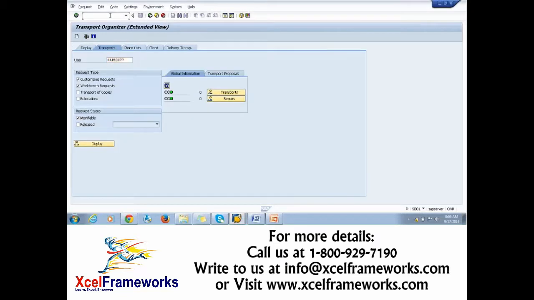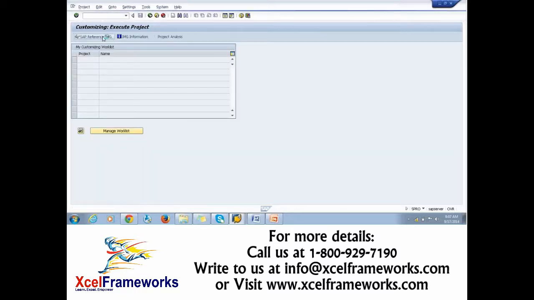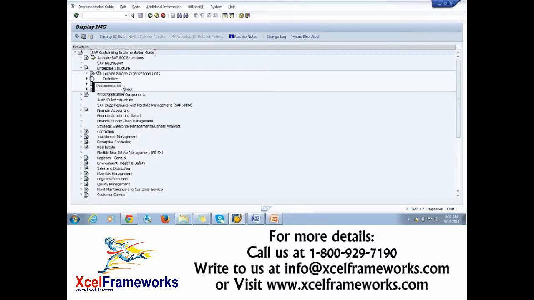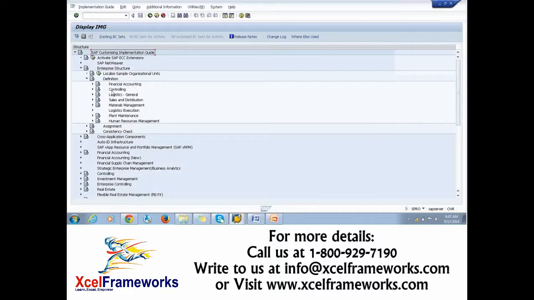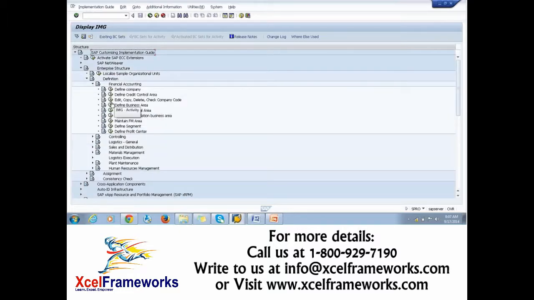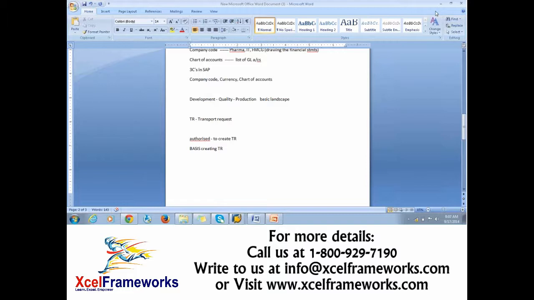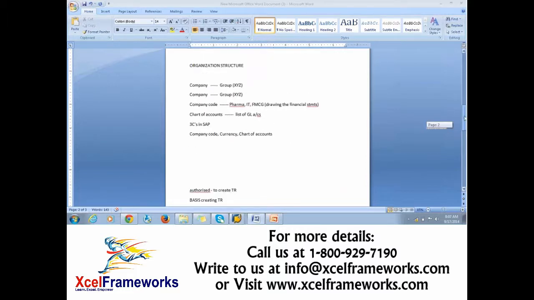Okay. So now let us come back to our IMG screen, implementation guide, where the SAP FICO consultant works. So we have created the company. What is the next step? We have to create the company code. We have seen, right? The next step would be the company code.